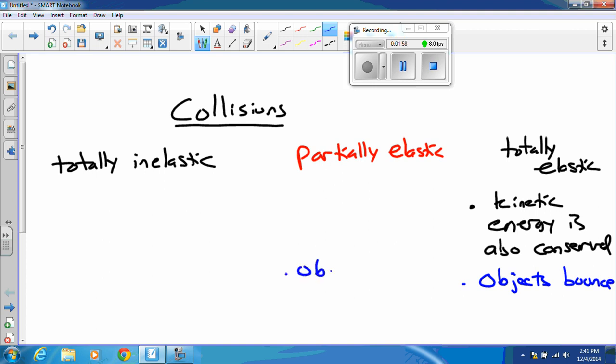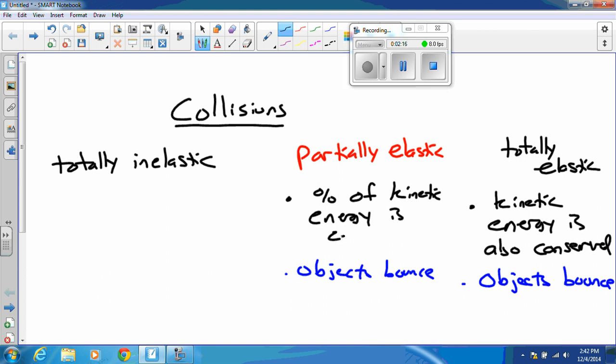That's also true for the partially elastic collisions. Objects bounce, but rather than kinetic energy being conserved, instead a percentage of kinetic energy is conserved.